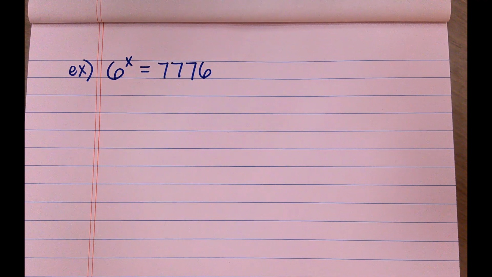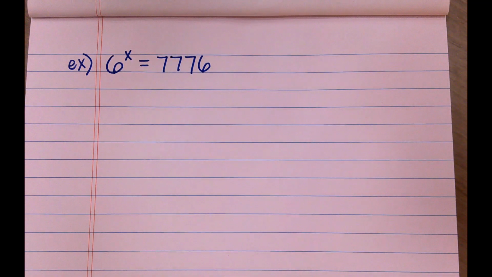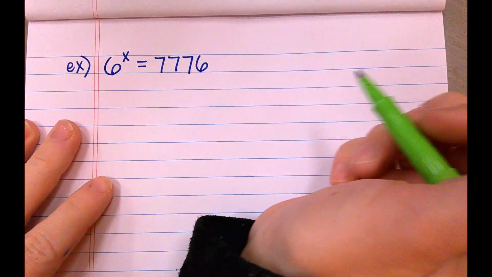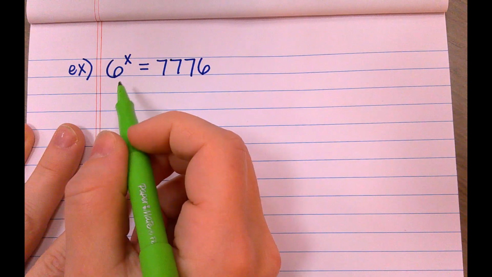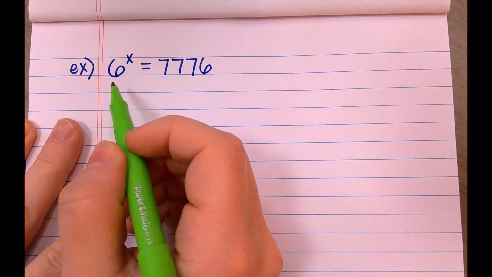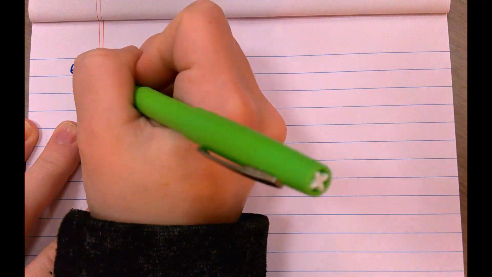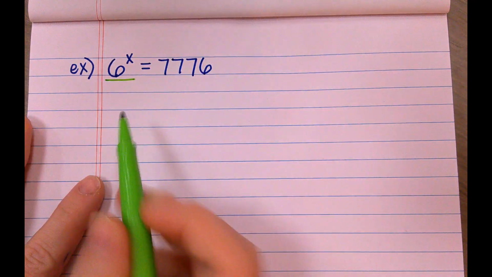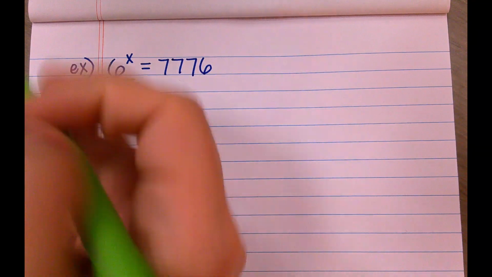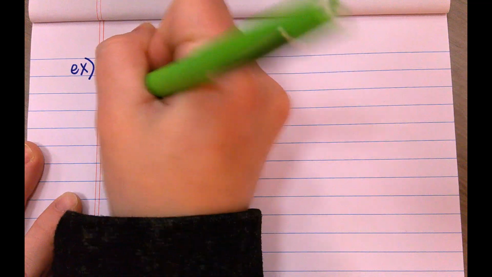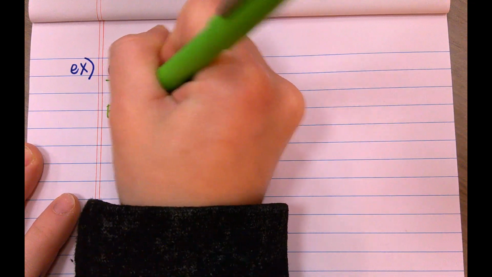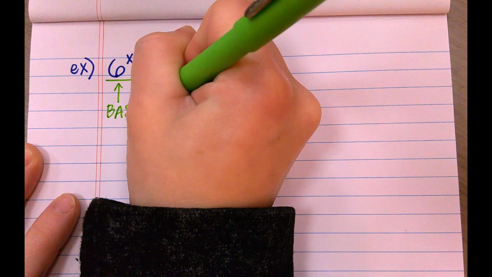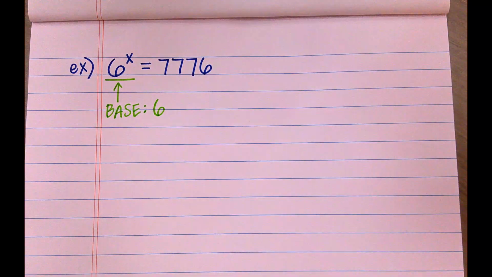First, let's label this problem for our notes. Now, you might already have the hang of this. That's awesome. So remember, again, we first look to see what is our base number. For this problem, what's our base number? 6. So I'm going to identify my base. My base is 6.